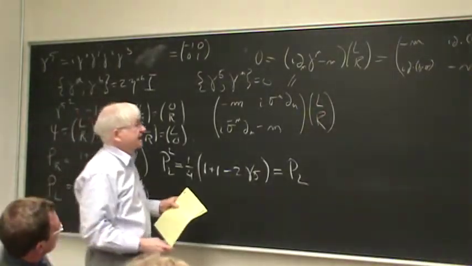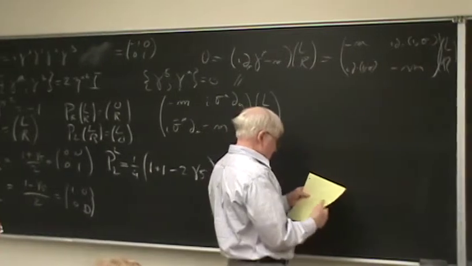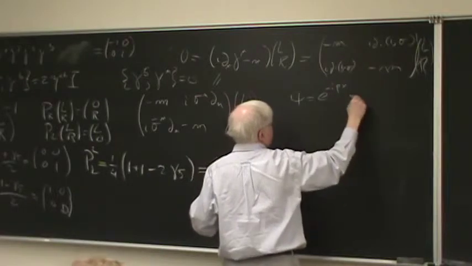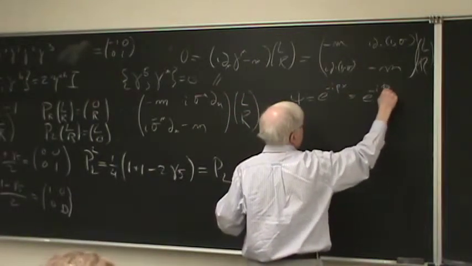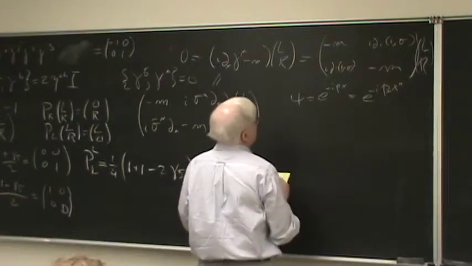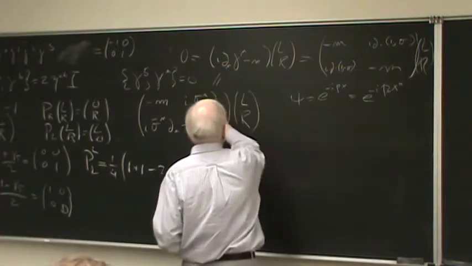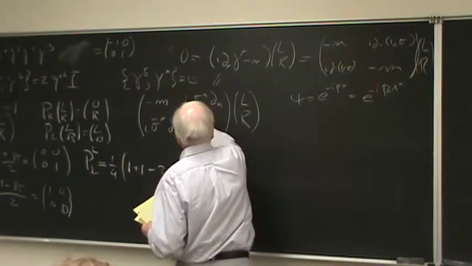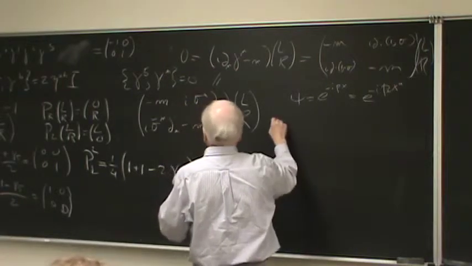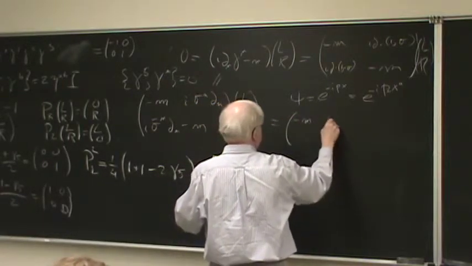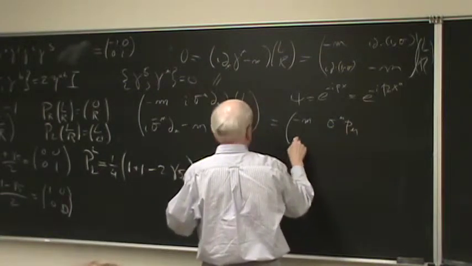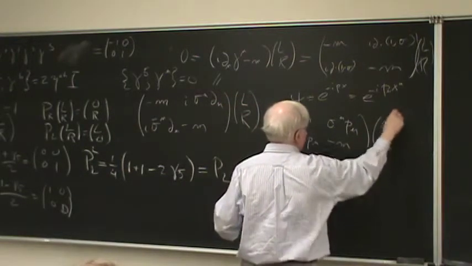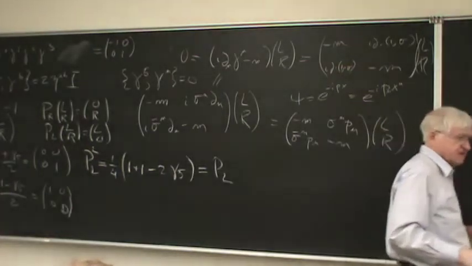And now, if we take psi as being e to the minus I p x, or e to the minus I p mu x mu, then carrying out the differentiation, what happens is d mu brings down minus I p mu, minus I times I is plus 1, and so what we get here is minus m, sigma mu p mu, sigma bar mu p mu, minus m, L R, but now in Fourier space.